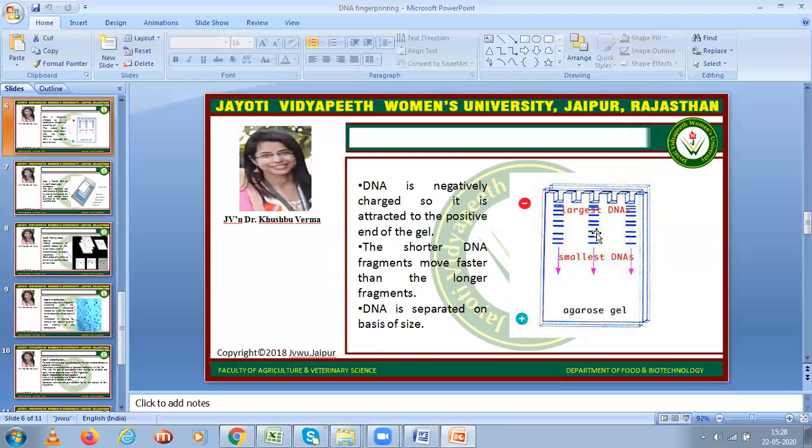Here we can see in the diagram that the smallest DNA will move forward with speed in the agarose gel, and DNA is separated on the basis of size.